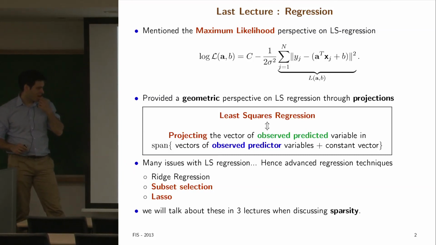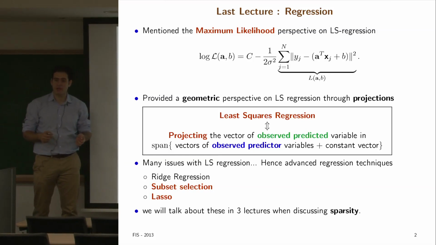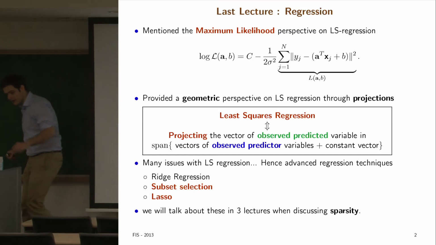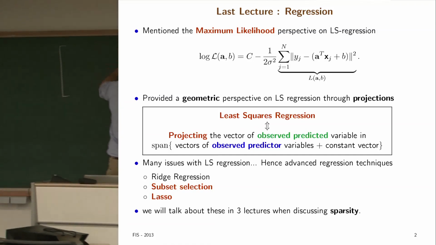The other important aspect of least squares regression is that it is as if you were projecting. You probably remember this by now. We have a data matrix.